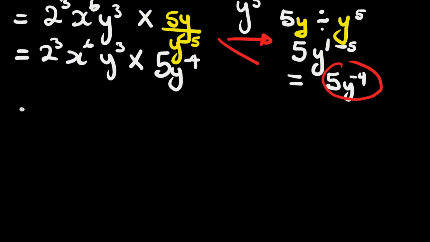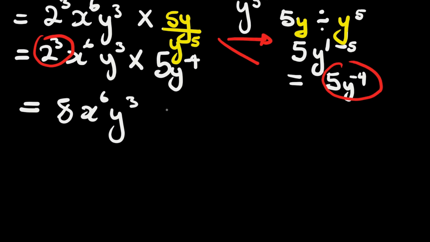So from here, we can see that this part means 2 multiplied by itself 3 times, so it will give us 8. 8x to the power 6, y to the power 3, times 5, y to the power negative 4.